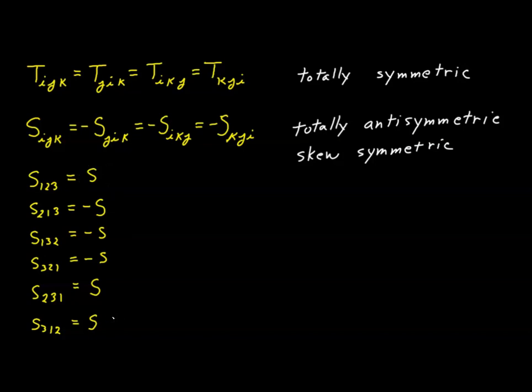Now, let me point out that each of these 3 right here were obtained directly from here with just 1 flip of the indexes. So we had 1 flip to get to these. But to get these down here, we first had to flip the indexes this way, and then we flipped the other 2 to get here. So it took 2 flipping operations to get back to positive again.